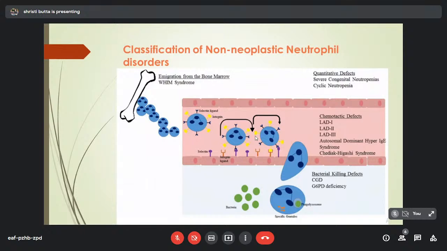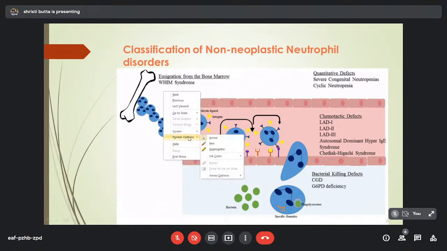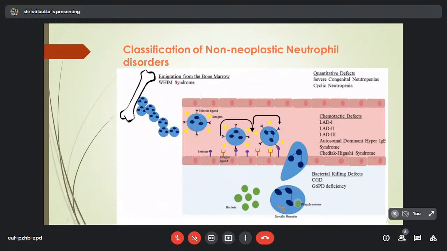So, in this lecture for today, we have the non-neoplastic disorders of the neutrophils. First among them is the WIM syndrome. Now this WIM syndrome basically arises due to the emigration defect of the neutrophils from the bone marrow.